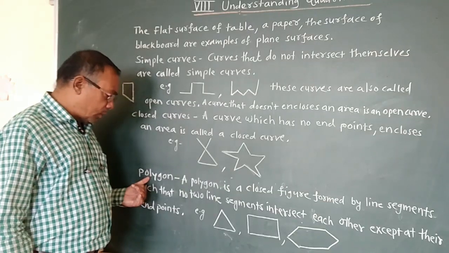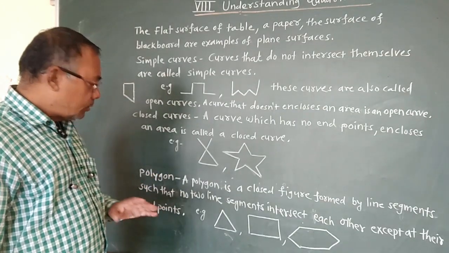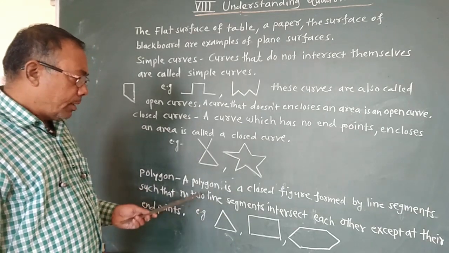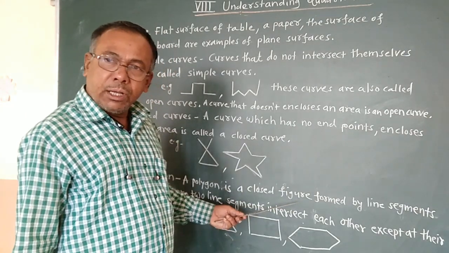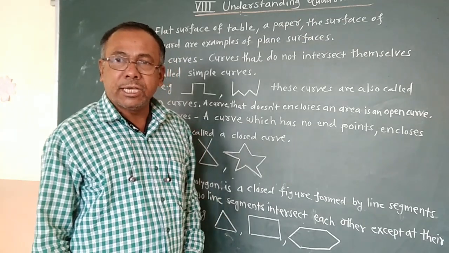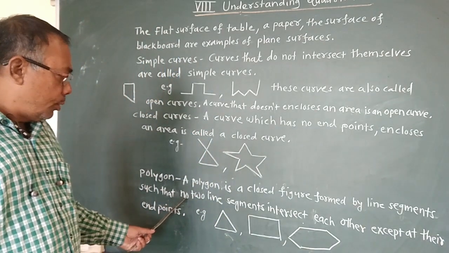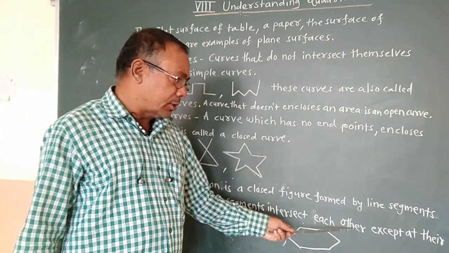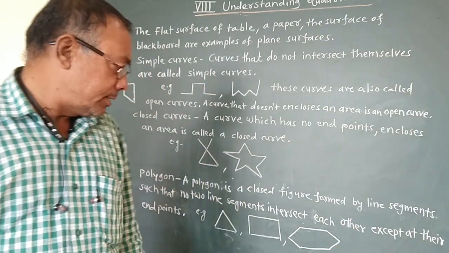Now we will see what is meant by polygon. Last year we have learned about polygon. A polygon is a closed figure formed by line segments such that no two line segments intersect each other except at their endpoints.